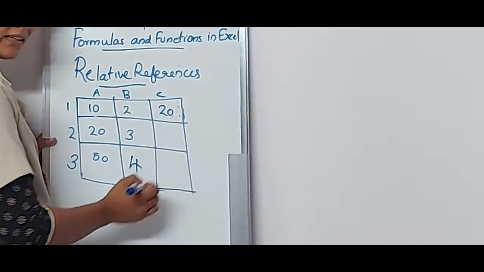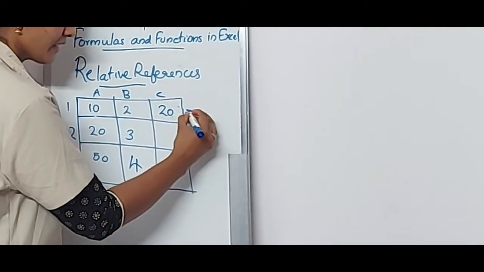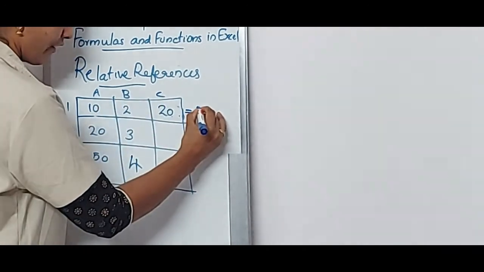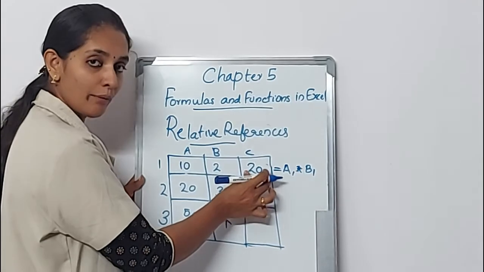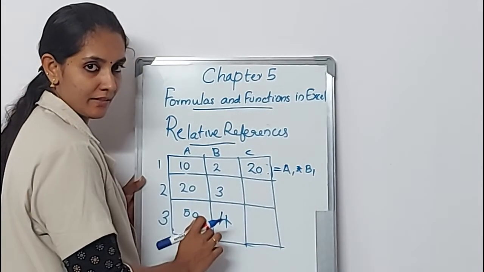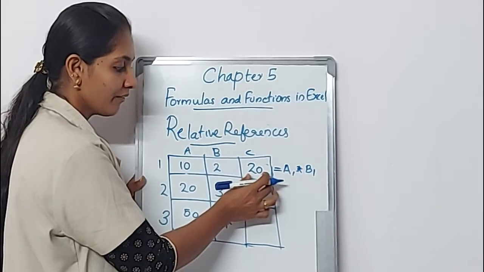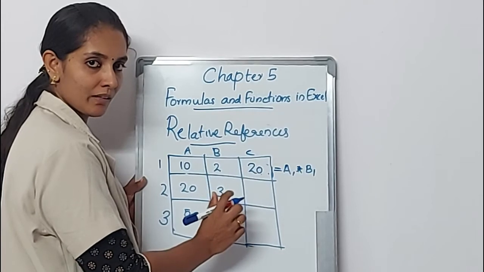For this we are using relative referencing. Here the formula is equal to A1 into B1. Then I am going to copy this formula to these two cells. For this, we can use the copy and paste option to copy this formula.